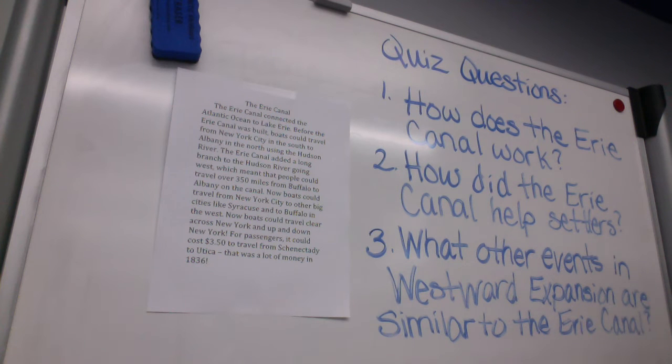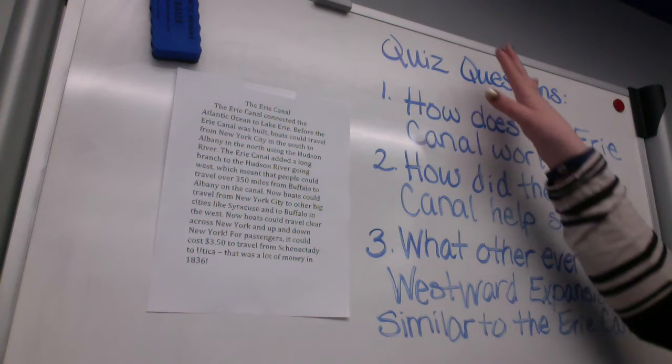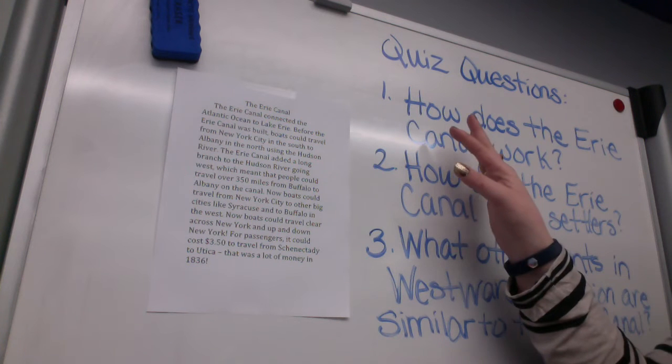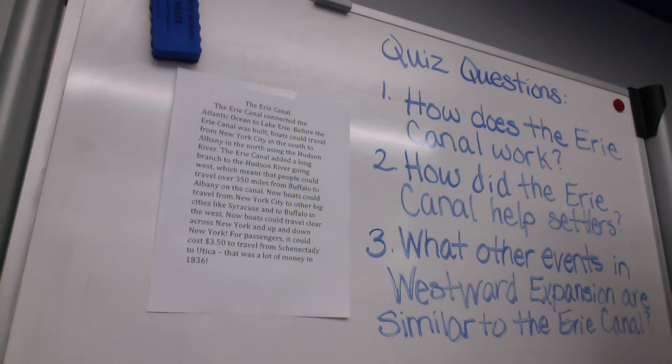Okay, remember the Erie Canal was a way to move west, transportation, a way to move west. So what other events also allowed people to move west? We could connect things like the Transcontinental Railroad or using the Oregon Trail. Okay, so this would be a way that you could use a quiz to grow your research.